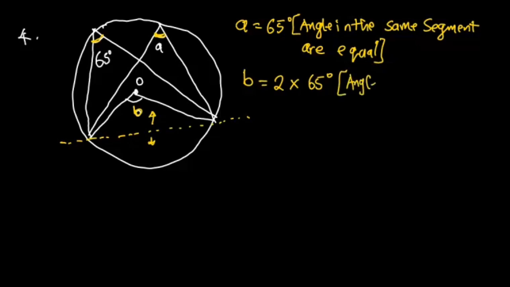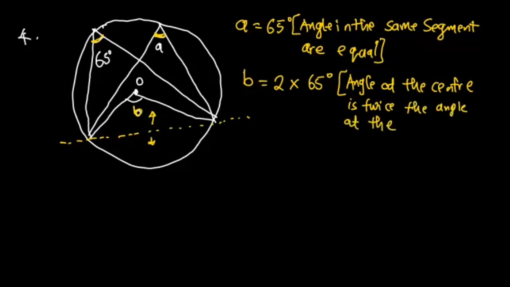The angle at the center is twice the angle at the circumference. So when we multiply 2 times 65, that will give us 130. So therefore B will be equal to 2 times 65, and that's 130 degrees.